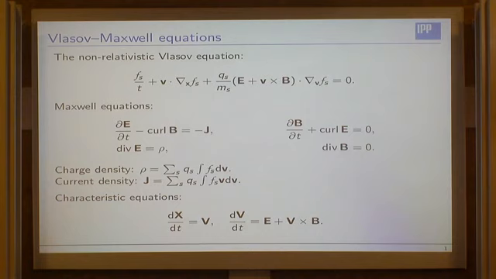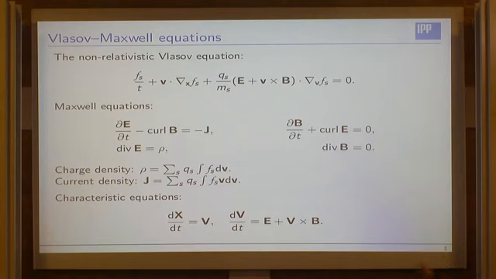Okay, so let's look at the equations. We look at the non-relativistic Vlasov equation, not Vlasov-Poisson as in the talk before, but Vlasov-Maxwell. So we have this transport equation up there, and we have a nonlinear coupling to the fields, to the Lorentz force in the transport equation.